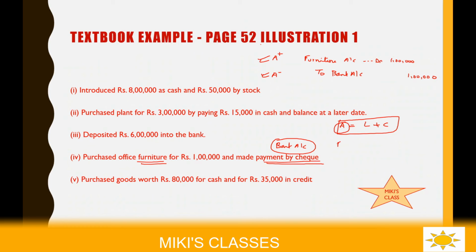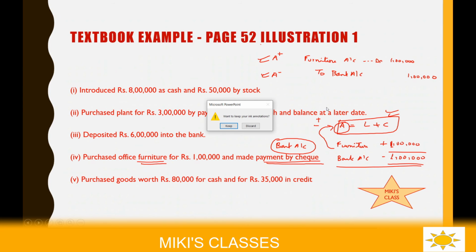Furniture has increased by 1 lakh, correct? And bank, which is again an asset, the bank account balance, has decreased by the same amount. So both belong to this side, and the plus and the minus are the same, 1 lakh, 1 lakh. So this again balances. Fine. Okay, let's move on.